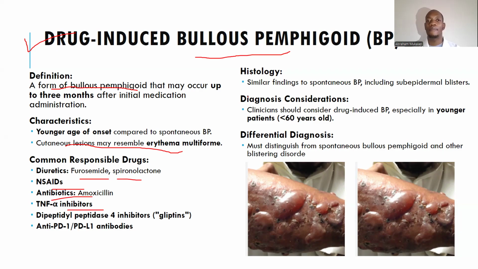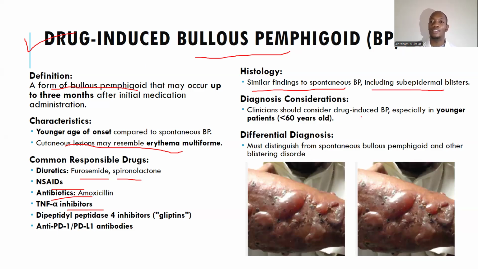So sometimes when you do the histology, it will be similar to the autoimmune bullous pemphigoid. It's still giving you the subepidermal blistering, but the only difference will be that in this case, it is the drug that is causing the trigger. And if you are diagnosing this condition, you have to be very careful because it looks exactly like the bullous pemphigoid that we see in elderly patients.